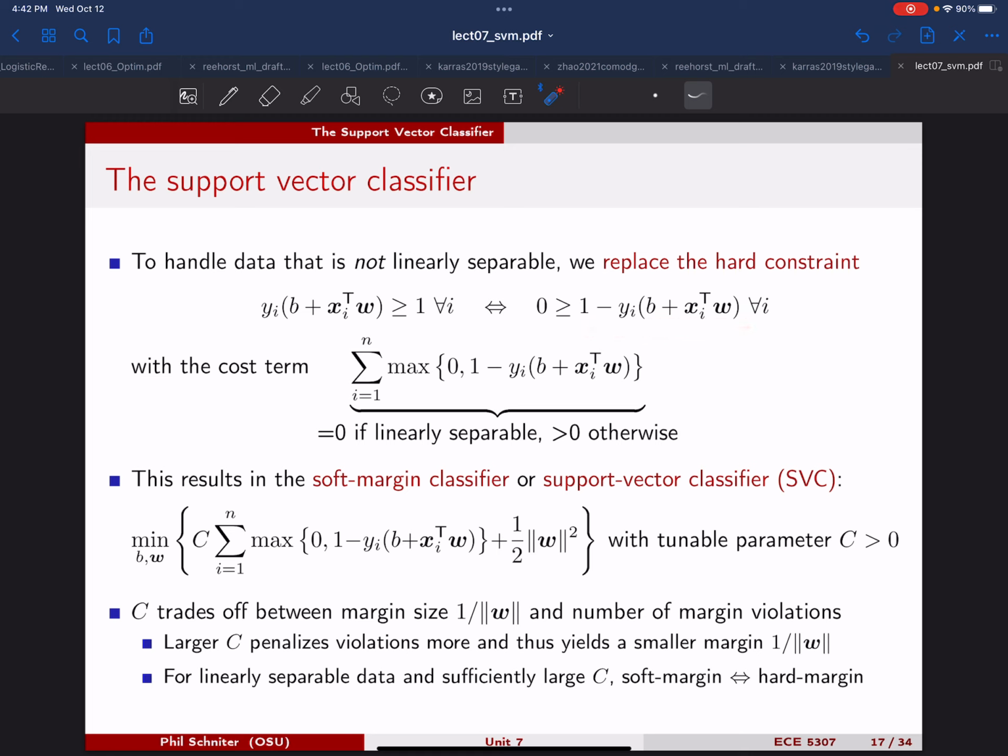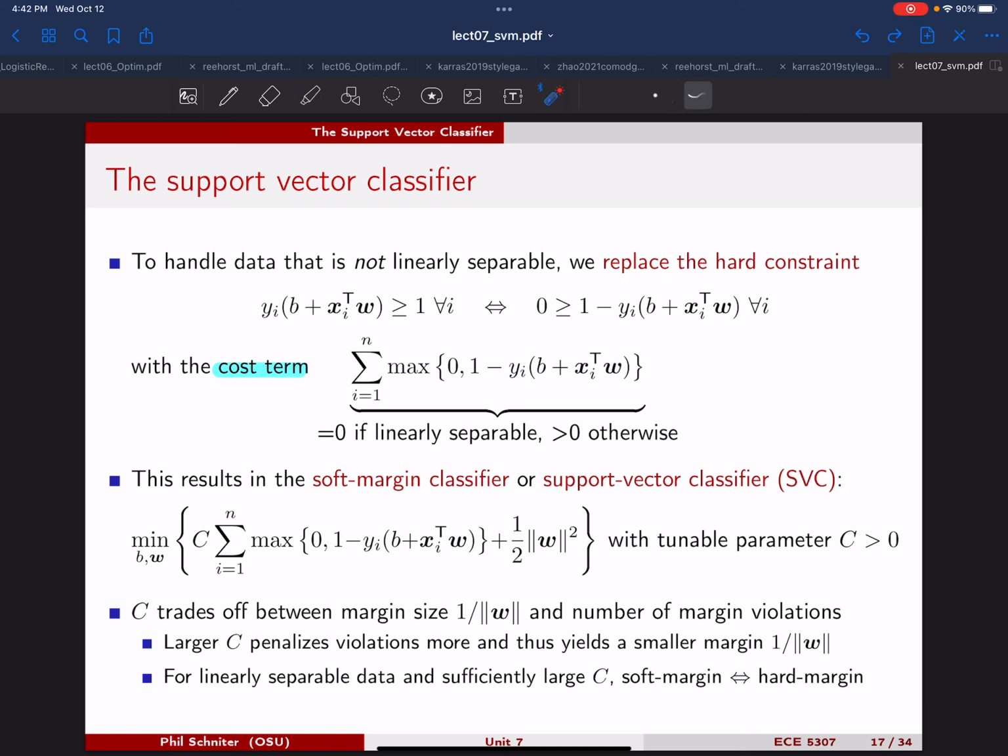Okay, so remember that if the data is linearly separable, this inequality will hold for all your training samples, which means that these guys here will be 0 or less for all your training samples. So the cost term we're going to use is this guy here. So let's think about this.